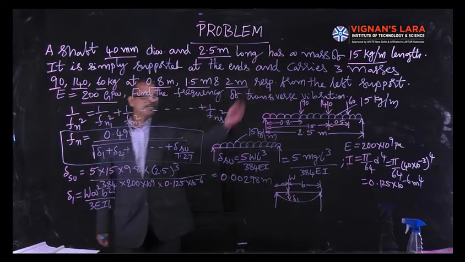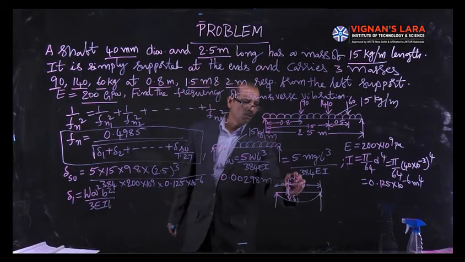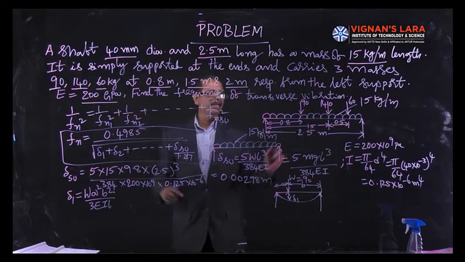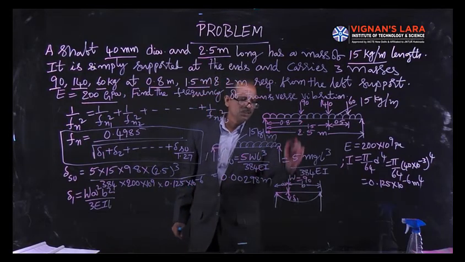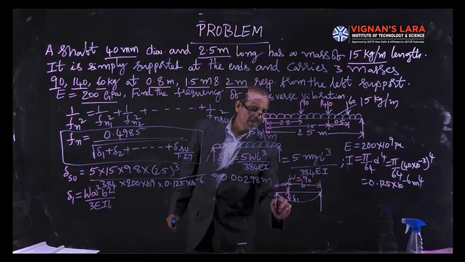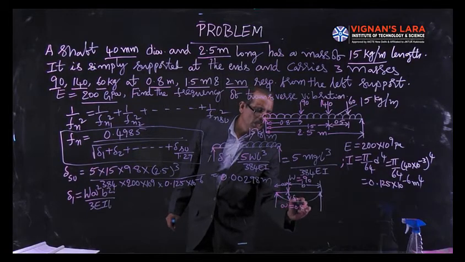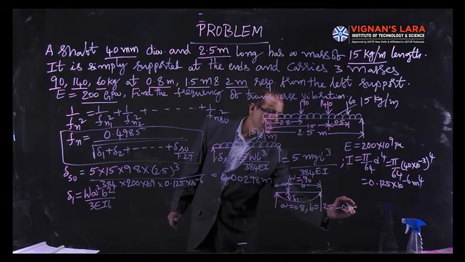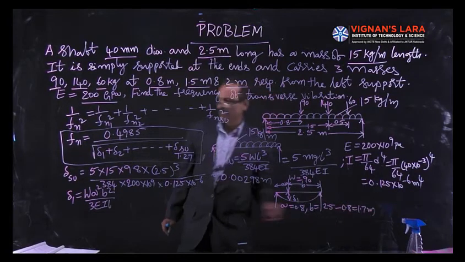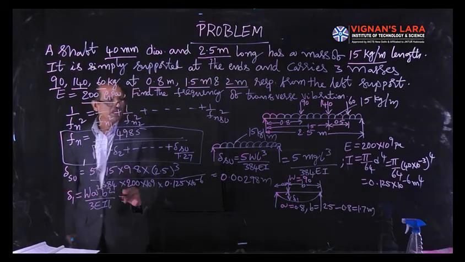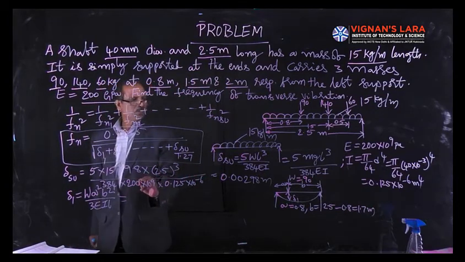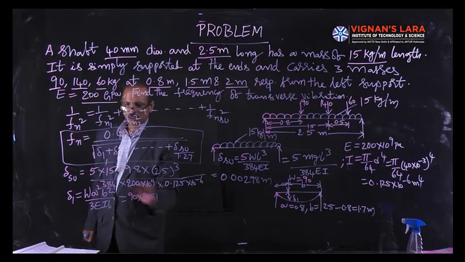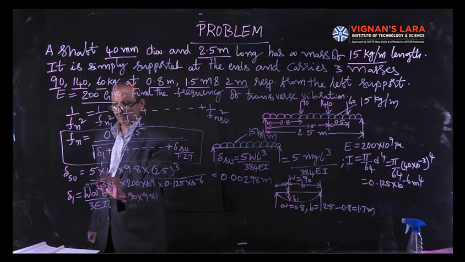So let us take the first load is a 90 load. So what is the load? First load is 90. At what distance is? This is 0.8 meters. So A is 0.8. Then automatically B is equal to 2.5 minus 0.8, that is 1.7 meters. So substitute W, that is mg, 90 into 9.81. So this is W is mg.